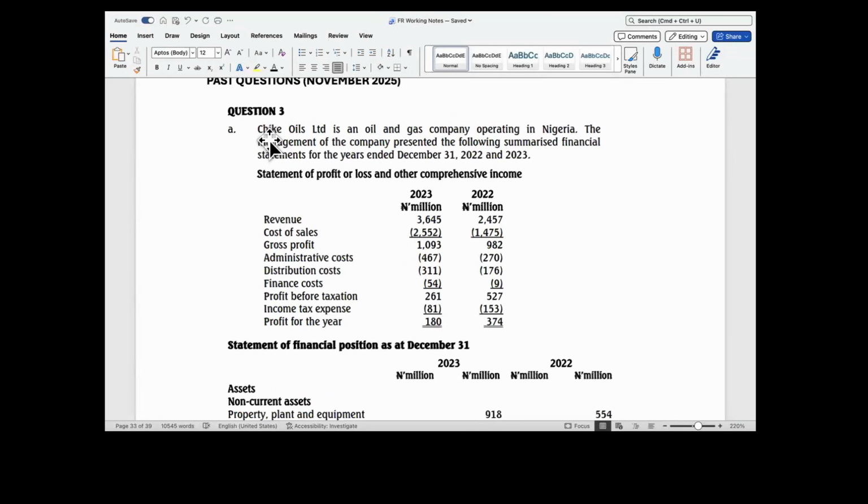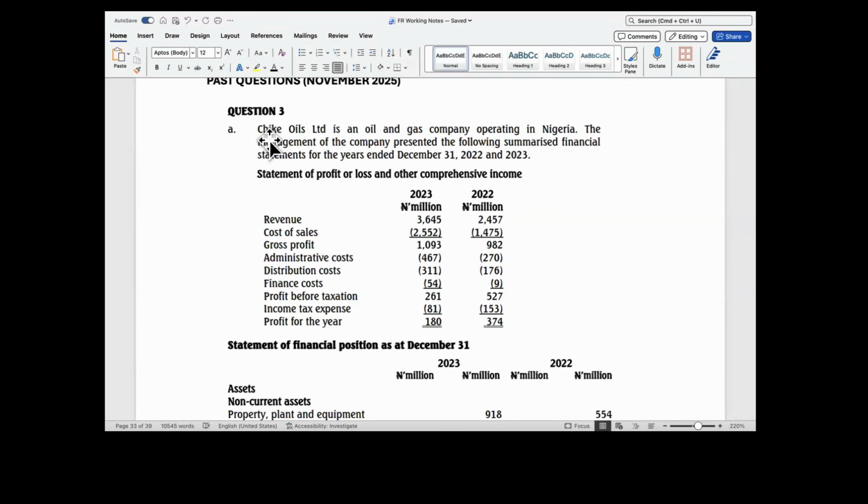261. No. Look at it very well. For 2023, it is 315. How did you get that? If we deduct the finance cost.